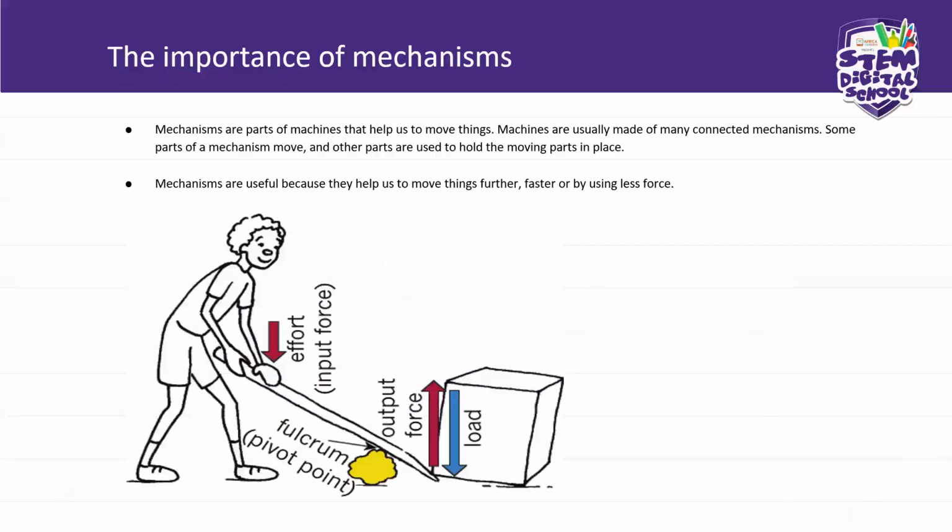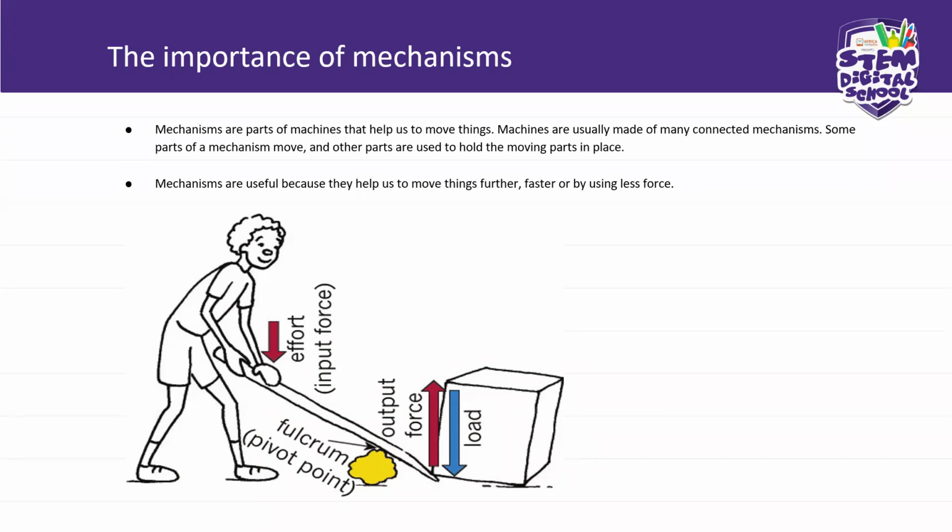Right. The importance of mechanisms. I think we have discussed this before, that we try in technology to use mechanisms to make our lives easier. Mechanisms are parts of machines that help us to move things. Machines are usually made of many connected mechanisms.